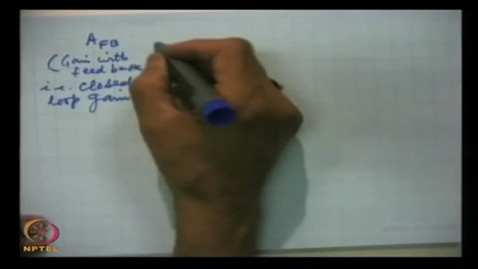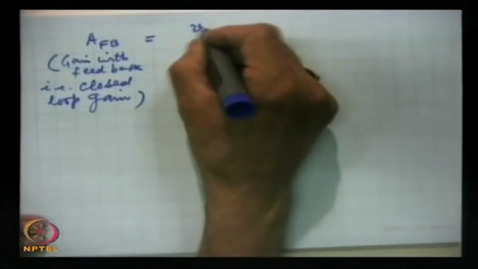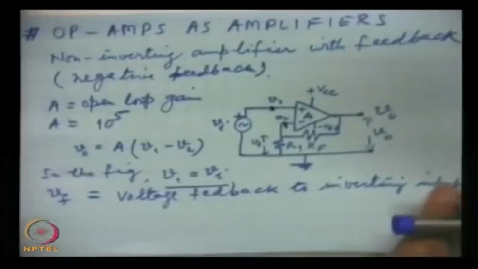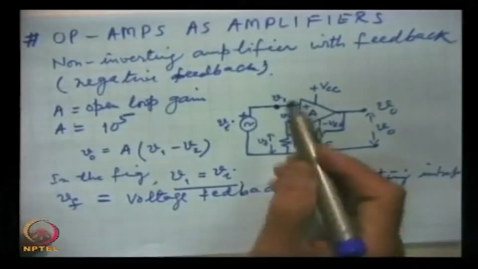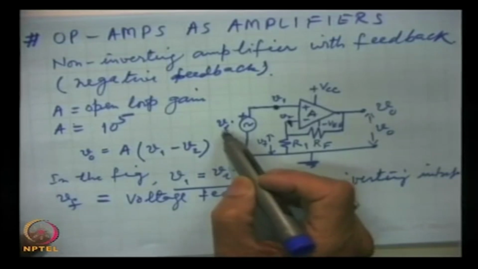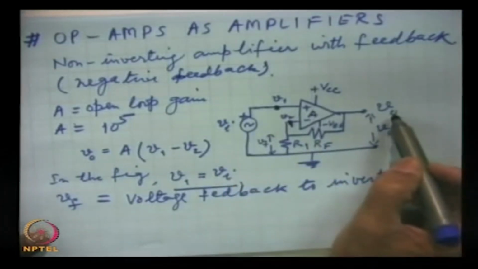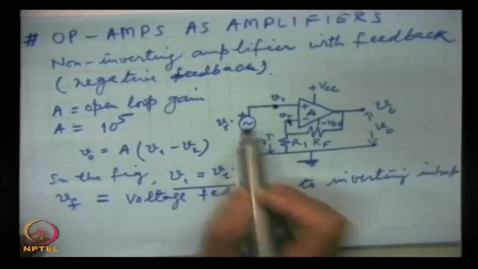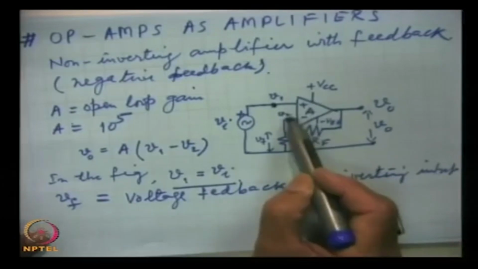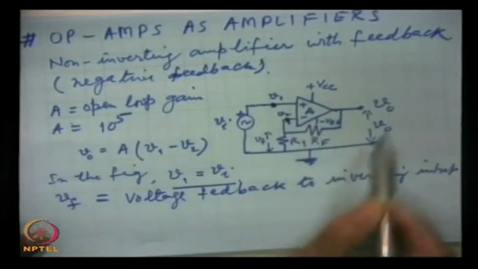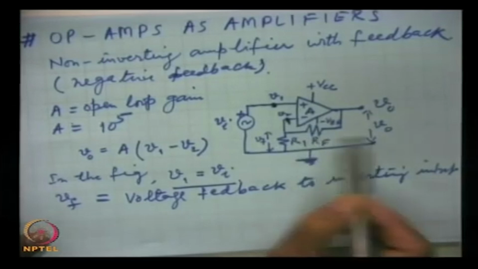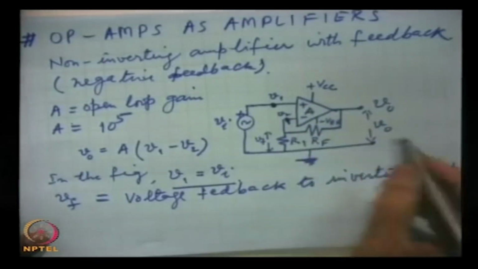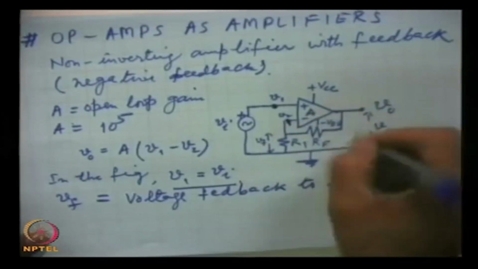This is equal to V0 by Vi. Here the input signal was Vi, output V0. So, the ratio of output voltage to input voltage is the gain. This is the op-amp in open loop and this is the feedback network. So, this whole amplifier is an op-amp with feedback.